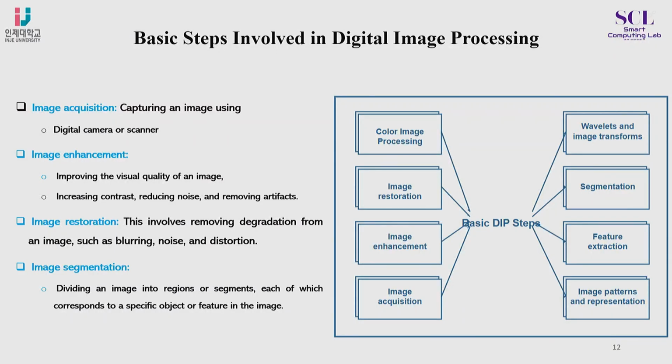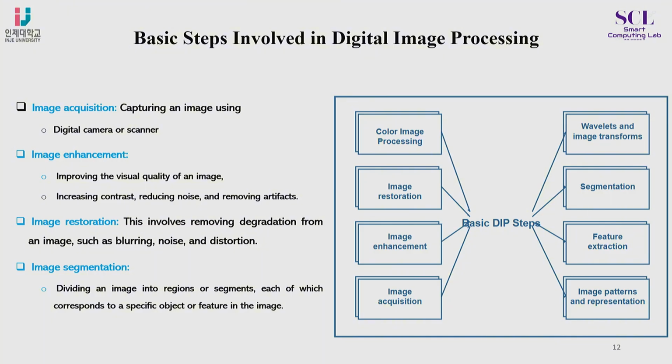So, basic steps involved in digital image processing. These are the basic steps. First of all, we have to acquire the image, we have to get the image. Then if there is a problem with the data, we have to apply some enhancement techniques to increase the quality of the image, that is image enhancement.